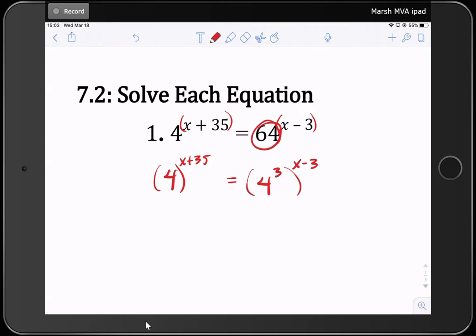So I haven't square rooted anything. I'm not raising both sides to the third power, because that would not only change the 4, that would also change the 64. I'm not doing any kind of algebra transformation. I'm not doing to one side of the equation the same thing that I'm doing to the other side. I'm just rewriting 64 as an exponent of 4.